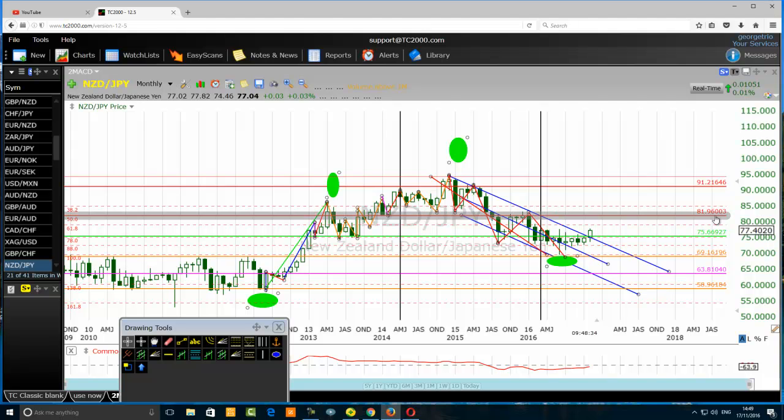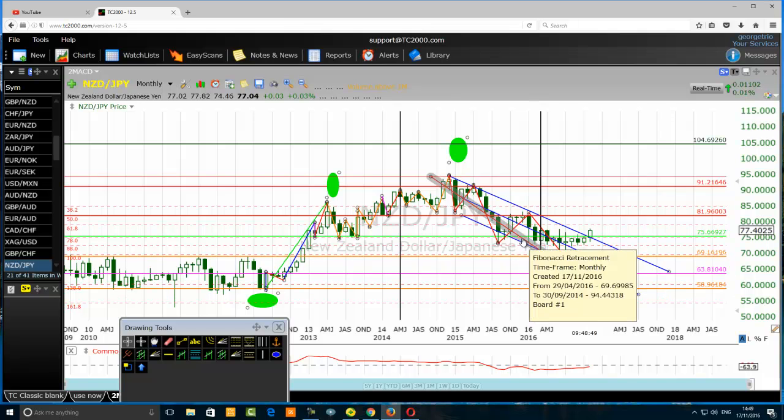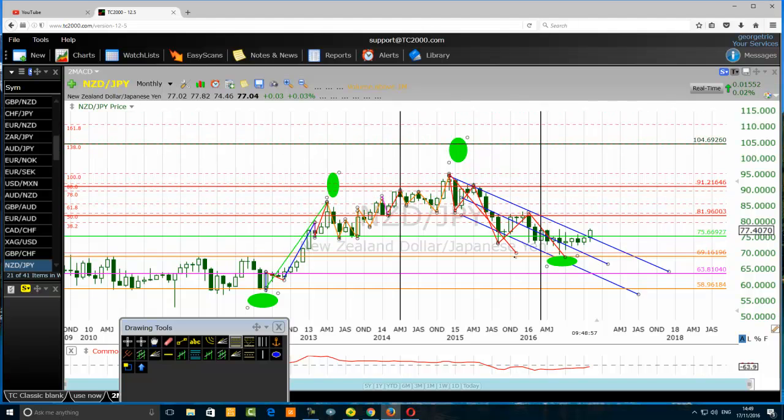The price can find a resistance before that, so watch out also for the 61.8%. No, hold on, please. Let me readjust my line, because from the top down, that's correct, yes.